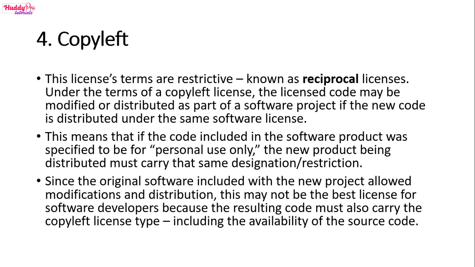So, what does this mean? If you have your code and it's included in the software product, for example, and you specify that that code is for personal use only, the code that you modify still must be distributed under the same designation or restriction, the personal use only.